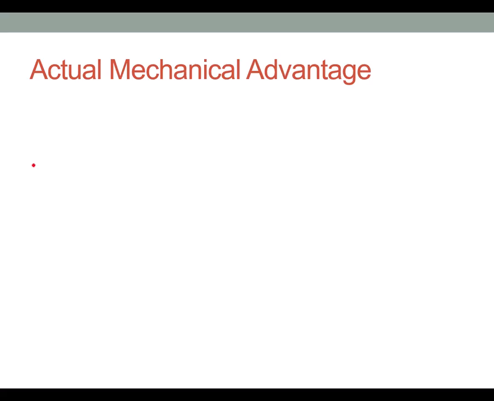Okay. For actual mechanical advantage, the actual mechanical advantage is just the output force divided by the input force. But in this case, we have friction we have to deal with. Friction does not equal 0, which means I'm going to put in effort.